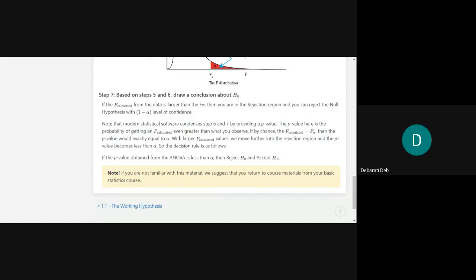Reject. What do you reject? The null or the alternative hypothesis?